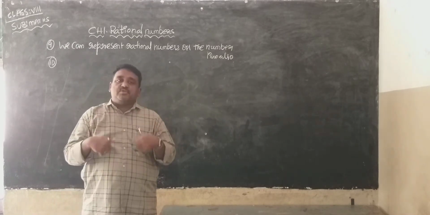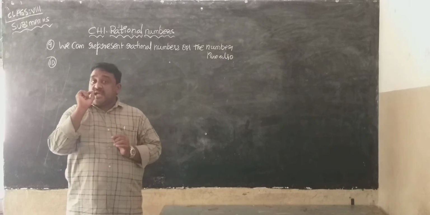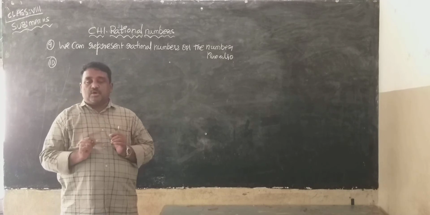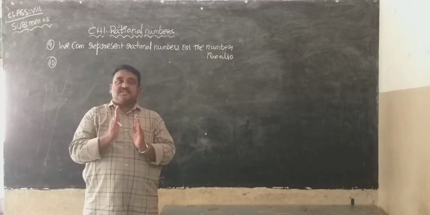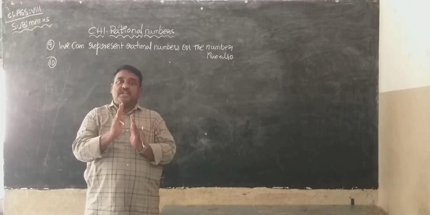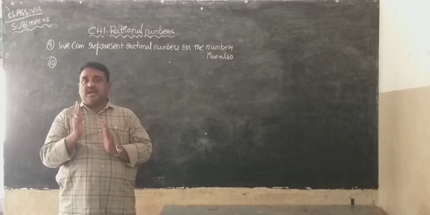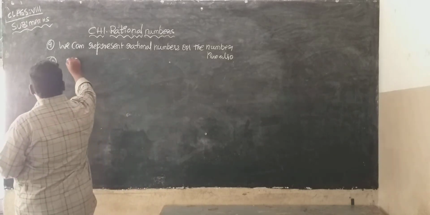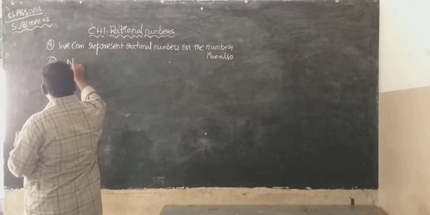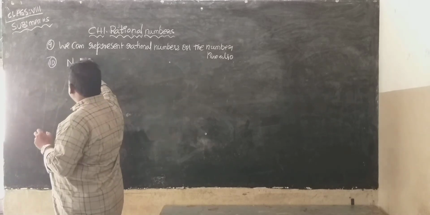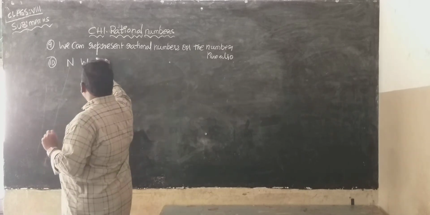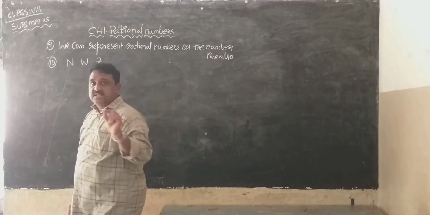So I need to find rational numbers between any two rational numbers, and there are two methods for it. And before that, what is N? Natural numbers. What is W? Whole numbers. What is Z? Integers.